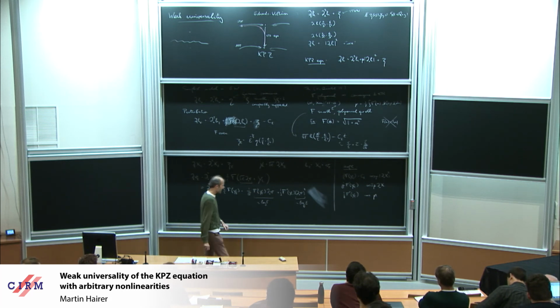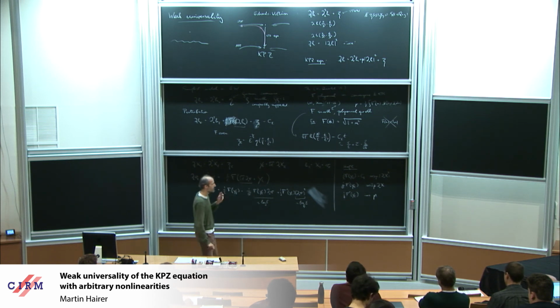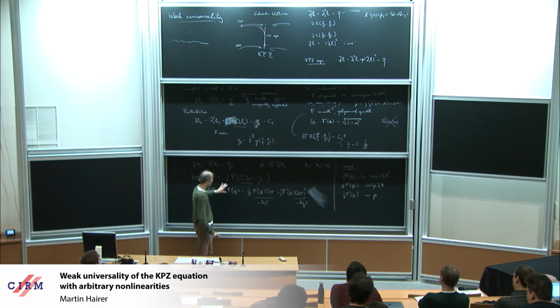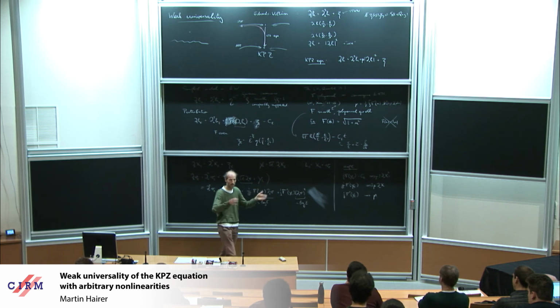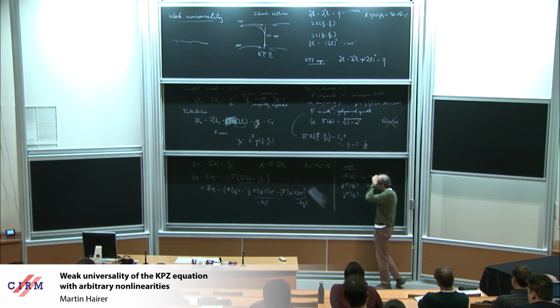And so I think I should stop here. Let me just say two words about the tricks that we use. One trick is that we end up Fourier expanding. It turns out to be very advantageous to Fourier expand f, to rewrite f in its Fourier representation.